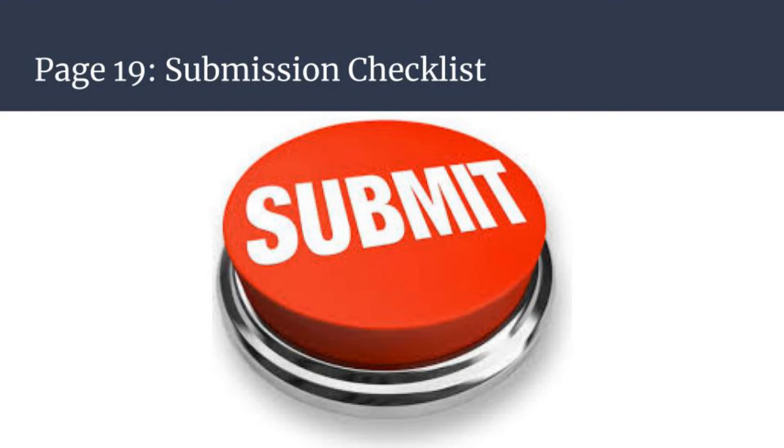Back to the first section, the title. Is it concise? Does it accurately describe your main findings? Does it contain essential keywords to allow accurate indexing and database searching? So once you go through those three sections in the checklist, you can move on to the abstract. Is it self-contained?